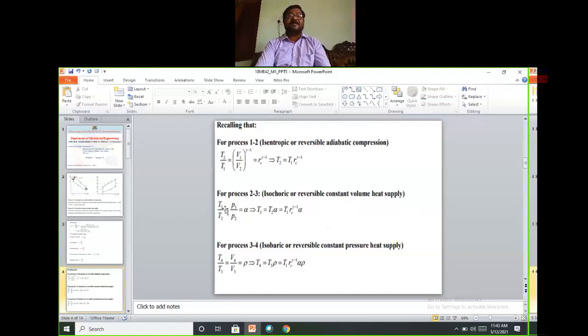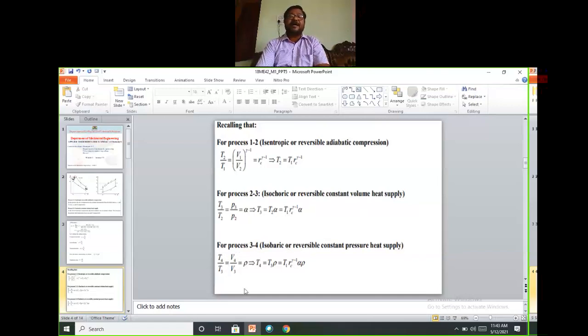After cancelling all the things, you will get T3 by T2 equal to alpha. T3 is equal to T2 into alpha, which is T1 rc^(gamma minus 1) alpha.